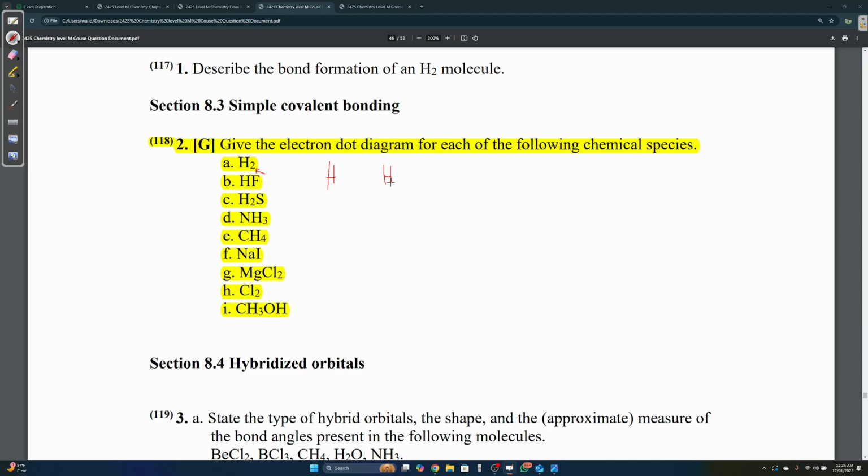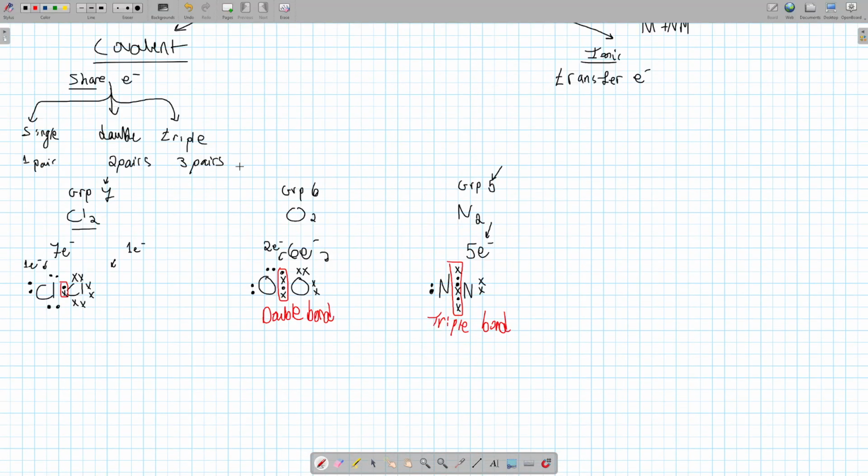I think everybody knows hydrogen only has 1 electron. You know hydrogen is H plus, so it loses 1. Here, these are all negative. Group 7 means Cl minus. Group 6 means O2 minus. Group 5 means N3 minus. So these are all gaining.